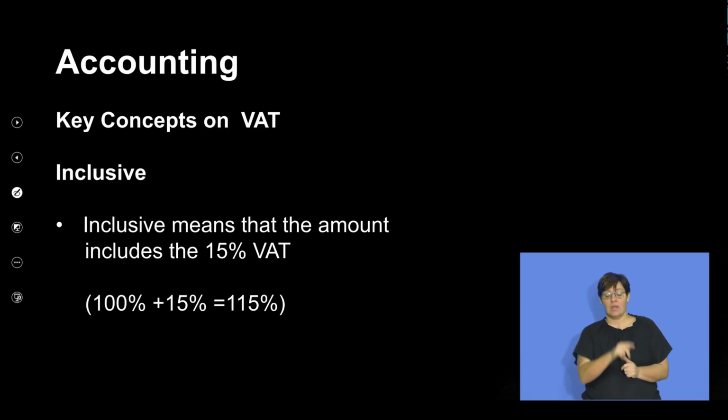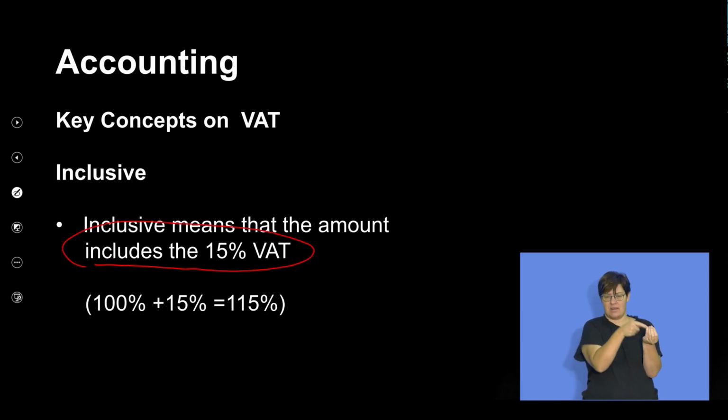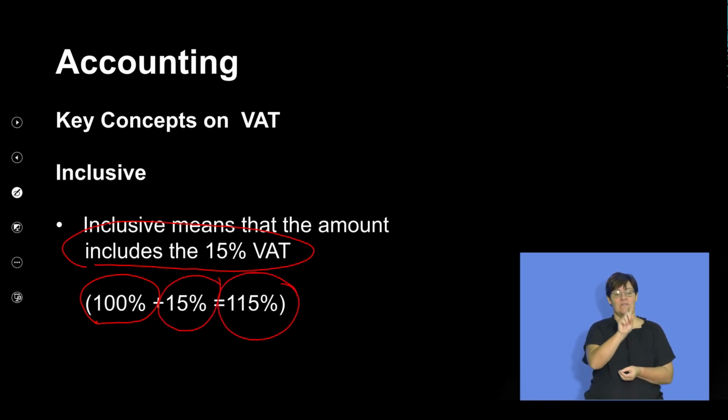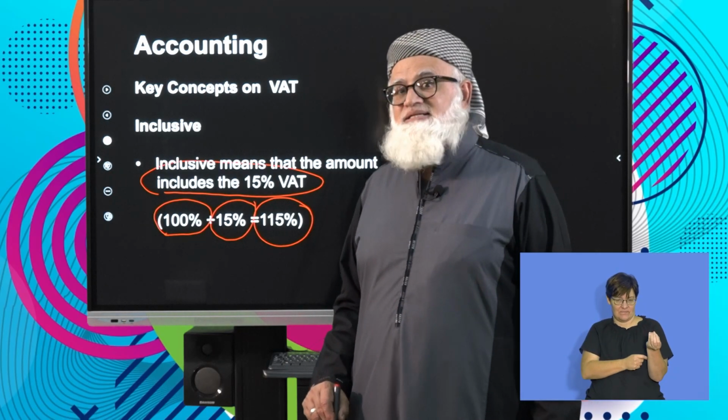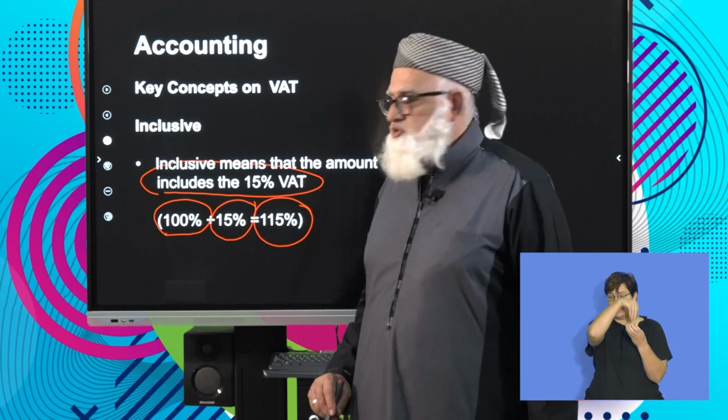Inclusive means that the amount of VAT is included in the price. In other words, 100% would be your exclusive, your VAT would be at 15%, the total would be 115%. So if you see the word inclusive, it means that the VAT is included in the total price. That's what we mean by the word inclusive.